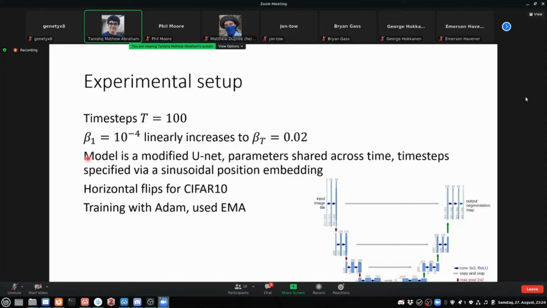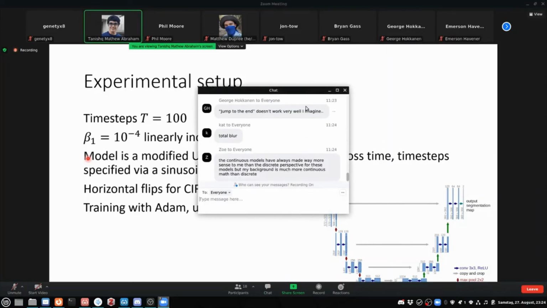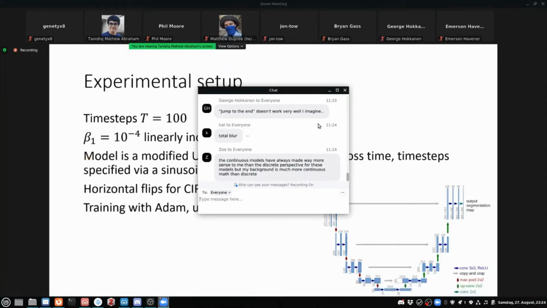I think that's actually quite important. Catherine said that usually using EMA is very important, you should always use it for this. It was just a footnote that they mentioned, but apparently it's a very important thing. If you do not use it, you will get quite bad results, and you'll wonder why. Okay, yeah.